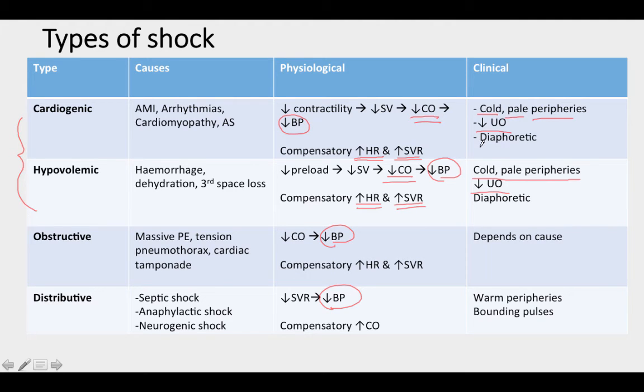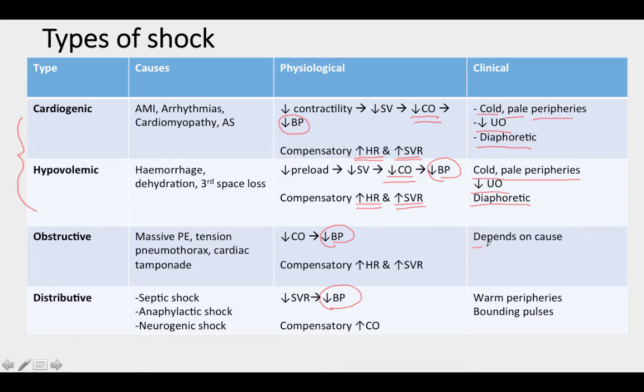And because your baroreceptors notice the low blood pressure, you activate sympathetic overdrive, you have increased catecholamines circulating, and you become quite diaphoretic. Right? So it's very logical to work out the clinical manifestations of these two forms of shock.